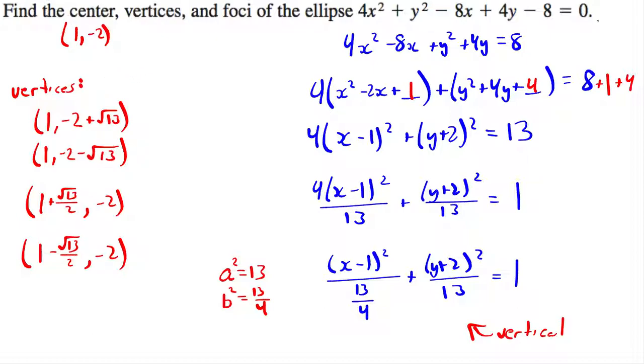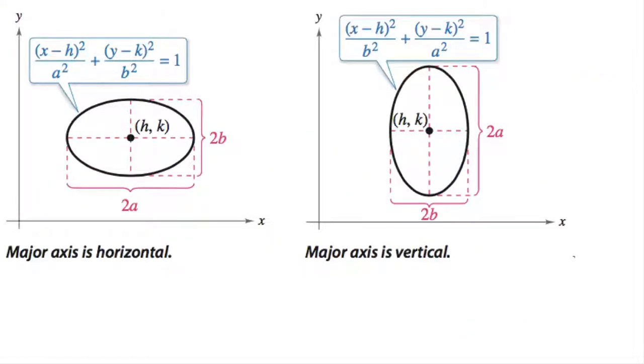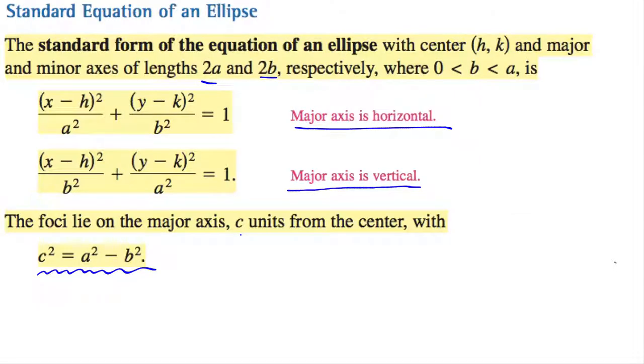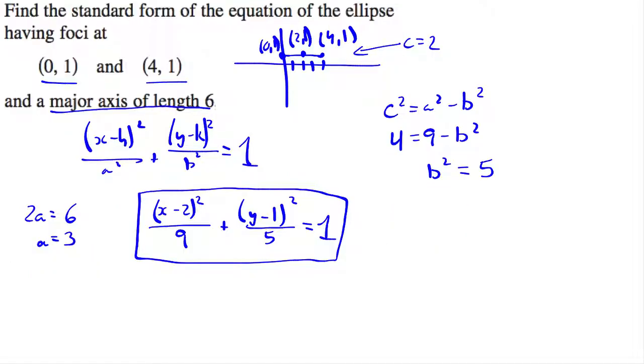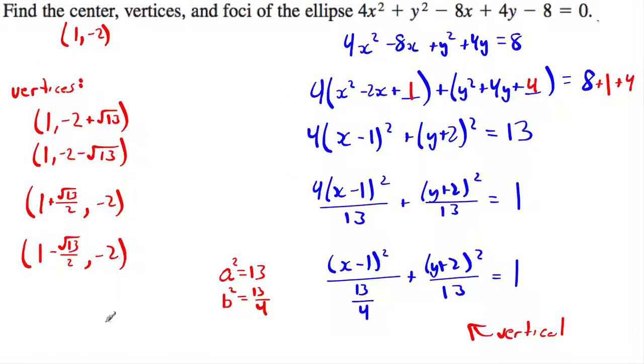Now to find the foci, they are c units away from the center. So c squared is equal to a squared minus b squared. So c squared is equal to, oh boy, if I want that common denominator, I'm going to have to multiply this by 4.